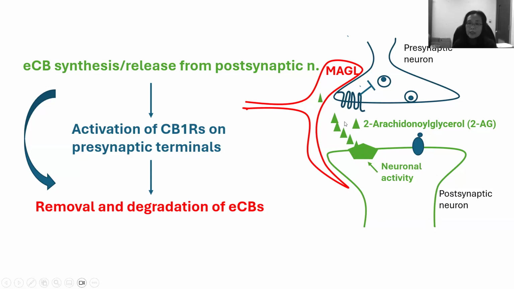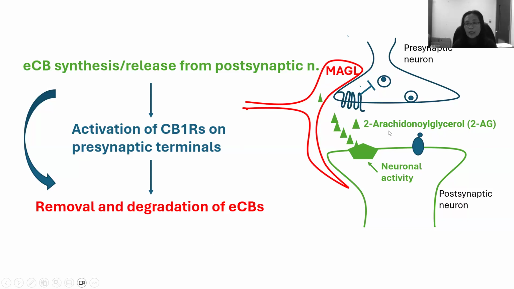Once it's released, it can bind the receptor and suppress neurotransmitter release. Then the endocannabinoids can be taken up by astrocytes, in this case Bergmann glial cells, or the presynaptic terminal, like parallel fibers, where they undergo degradation because they have the enzyme called MAGL lipase.